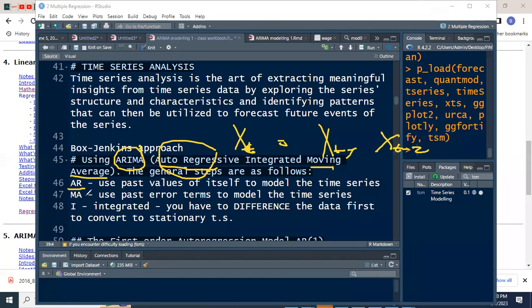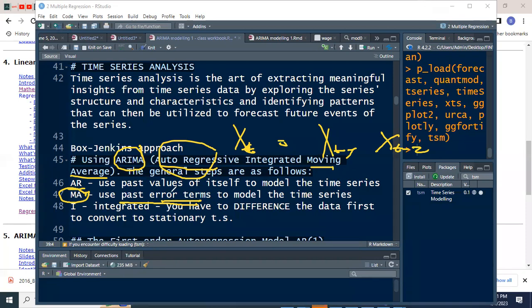There's another method called MA, which uses past error terms. Defining past error terms is a bit tricky, so we'll explain that next time. Autoregressive is easy to explain, but for MA, what are past error terms? Does that mean we do a regression first and then get the error terms? Not necessarily. It's a bit tricky, what is meant by past error terms.